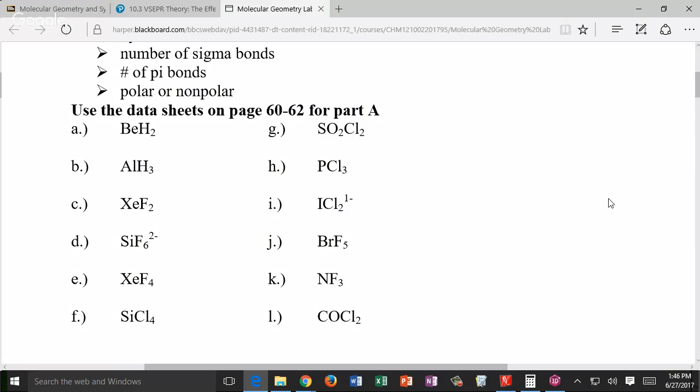So if these are square, we have... so this was the electron geometry, that's the way to draw it.